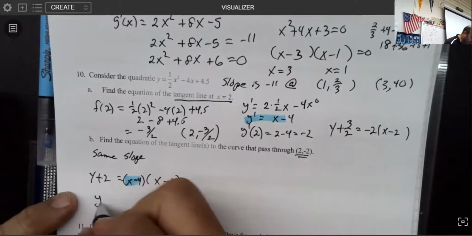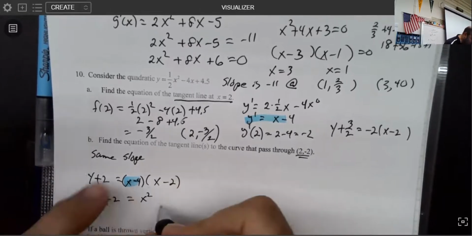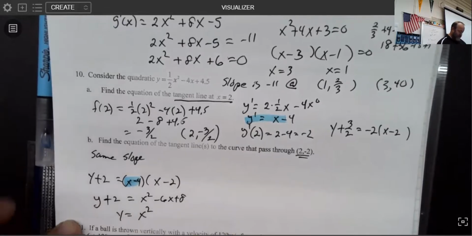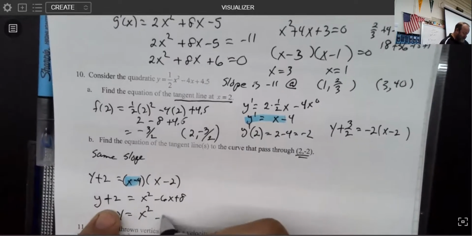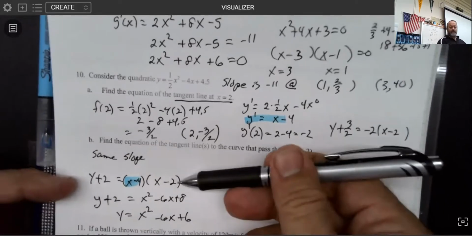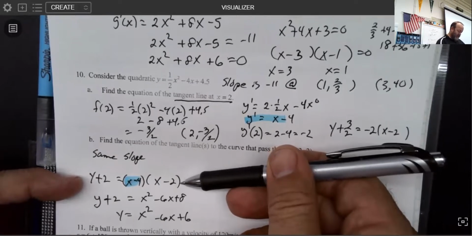Now, if I do a little bit of math, I end up with x squared minus 6x plus 8. And so grand total, I end up with y is x squared minus 6x plus 6 as being an equivalent statement to my quasi-line statement right here.